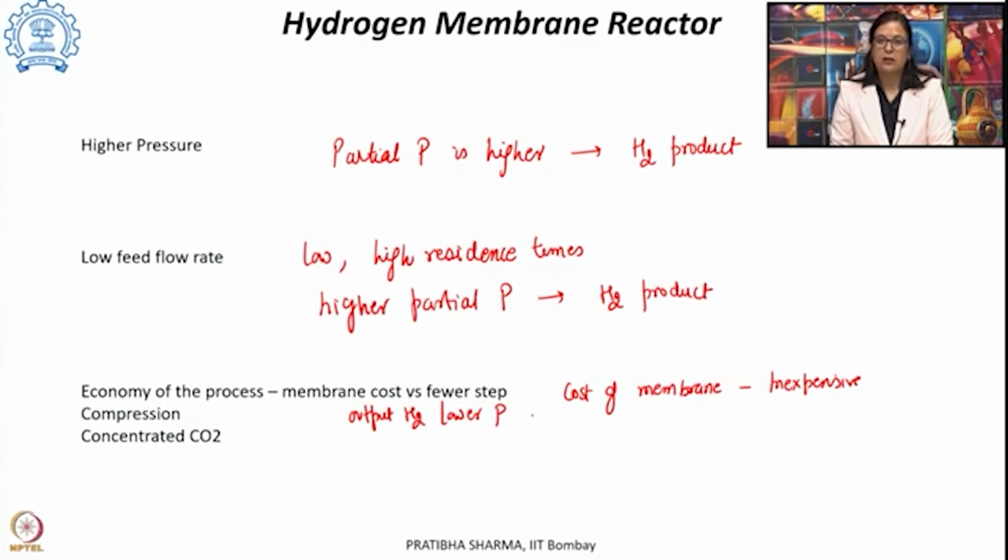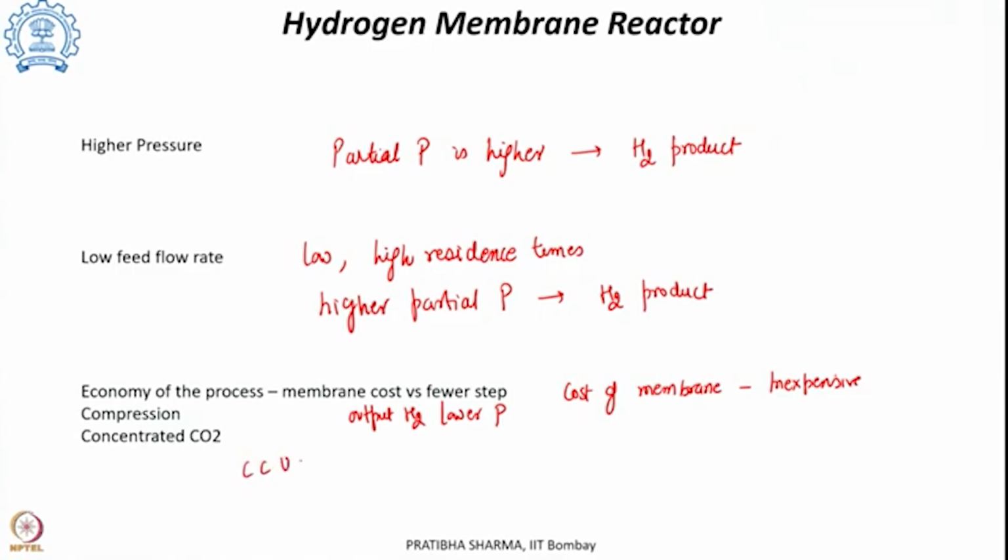Either we have to compress hydrogen to a higher pressure, or it can be utilized in end use applications like fuel cells where low pressure hydrogen is required. At the same time, using this method we are getting concentrated carbon dioxide, and that can be used for carbon capture, use and sequestration, and that can reduce the emissions from the production site.